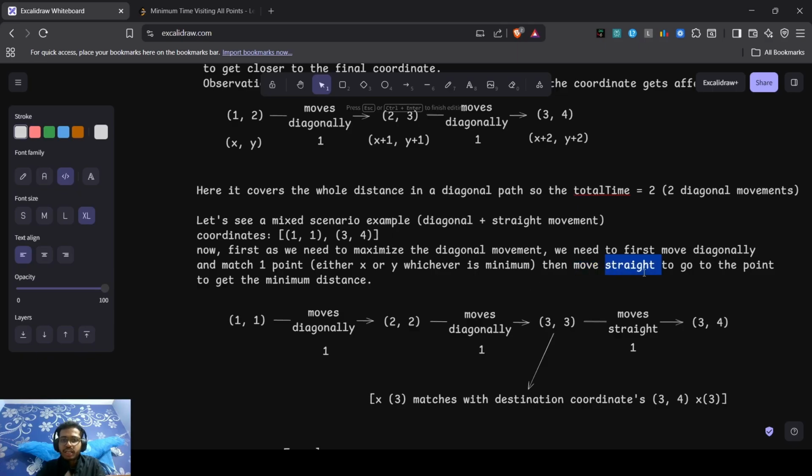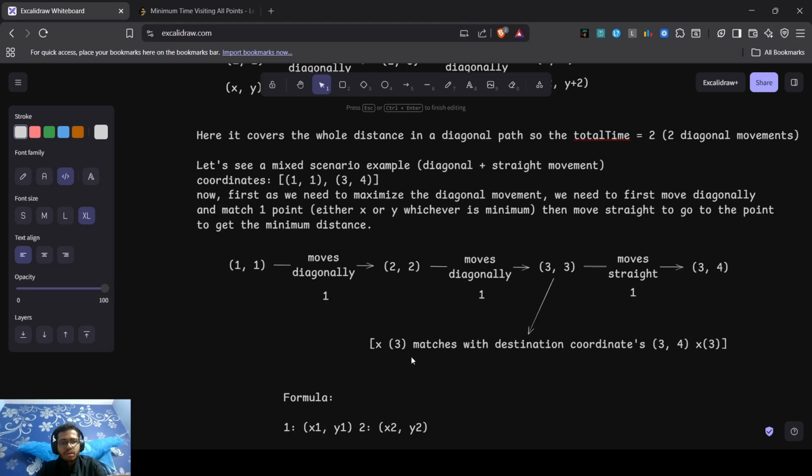Then move straight to get the minimum distance. Now, 1 comma 1, our final goal is 3 comma 4. So from 1 comma 1 we move diagonally, it costs 1, we go to 2 comma 2. Then it again goes diagonally, to 3 comma 3.